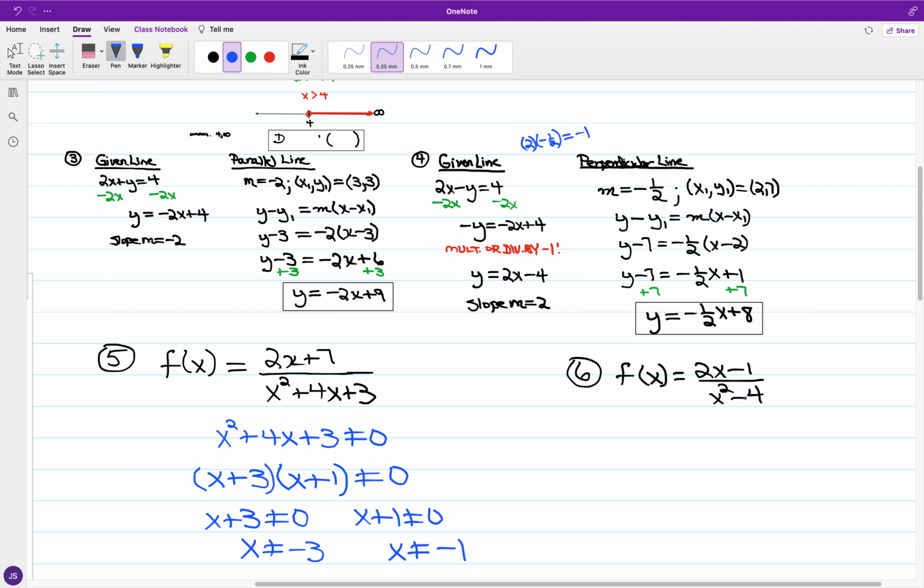Looking at what we have here, the nature of the restriction is the same. Again, the denominator cannot be 0 in value.